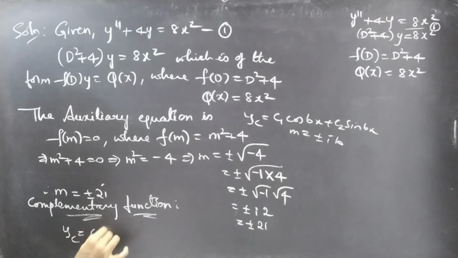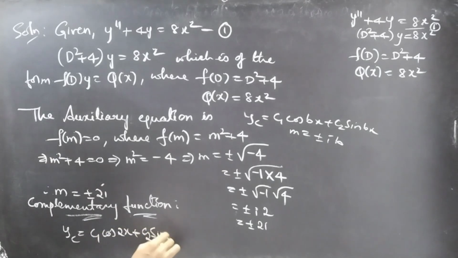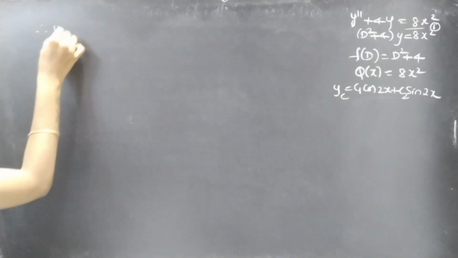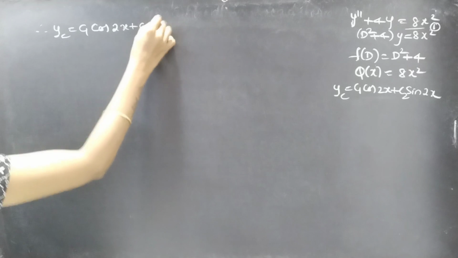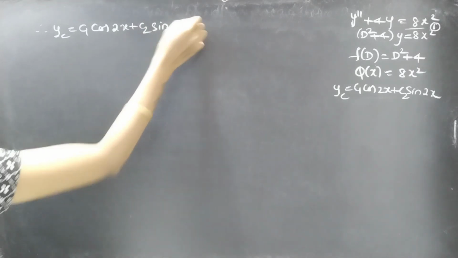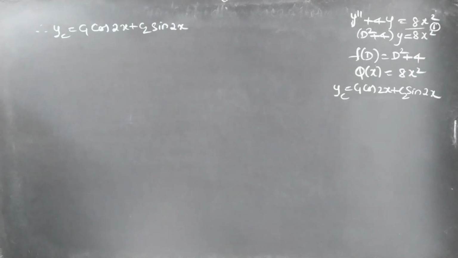Yc equal to c1 cos 2x plus c2 sin 2x, right? We got yc, now we need to find yp.